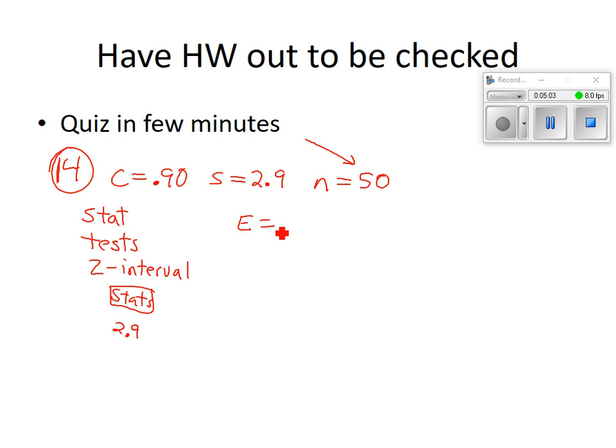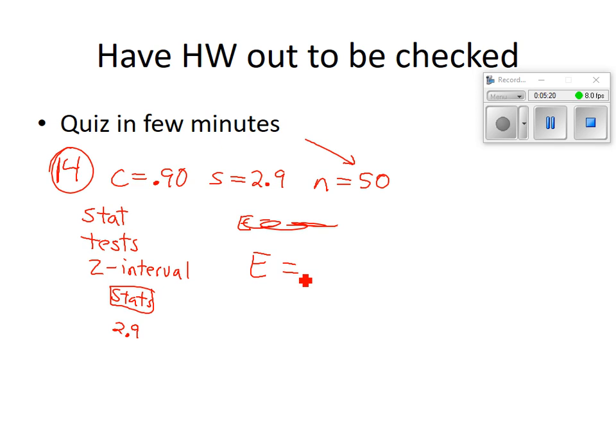What was the formula for margin of error? You subtract the limits and divide by 2. No, that's once you know the margin of error.